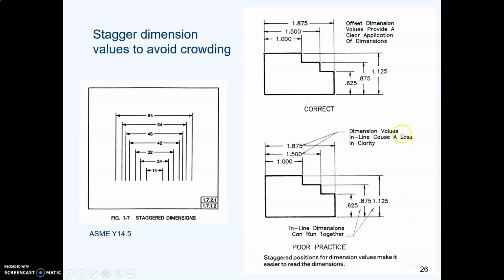What ASME says to do is to move those pieces of text so that they are staggered a little bit, as you see in the upper right corner. And you can do that just by clicking on a dimension. A grip will light up, and then click on the grip again, so it's a hot grip, and just drag the text to wherever you want it.